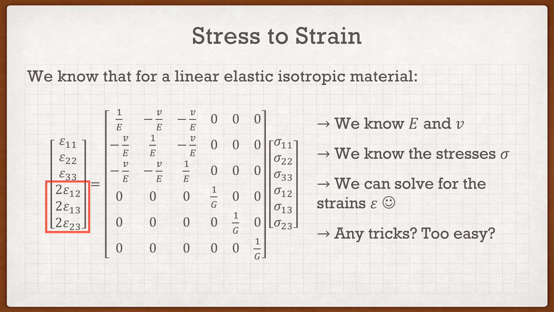However, we realize that the strain isn't 0.5, 2 times that strain is 0.5. So the actual shear strain here would be 0.25. We have to divide by 2. So that's the only thing that you guys are going to have to really keep in mind in this question: when we have our strain vector and want to convert it into a strain tensor, we have to remember that there is a 2 out in front of all of those shear strains.